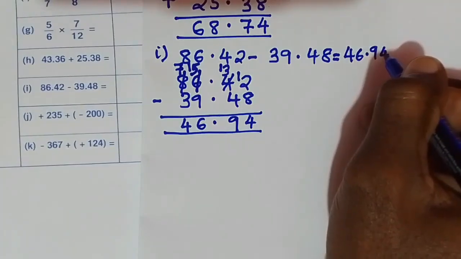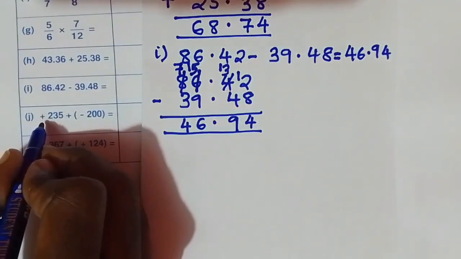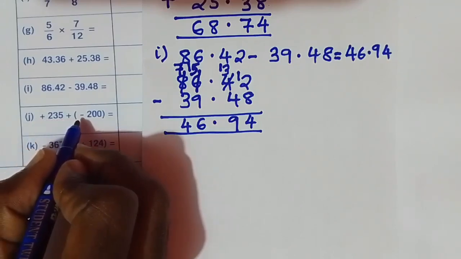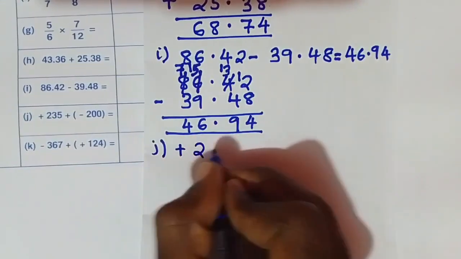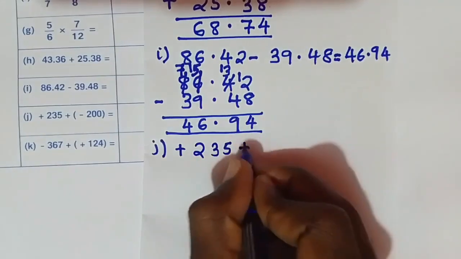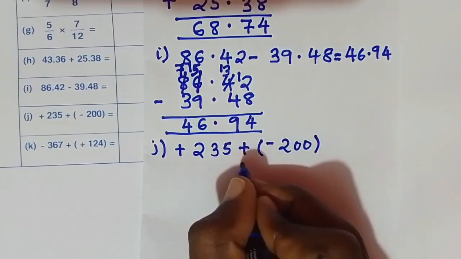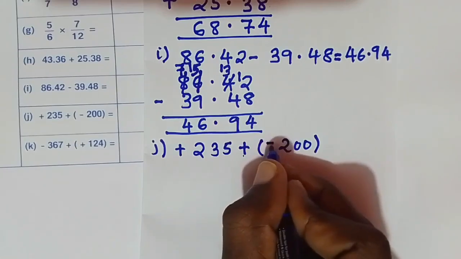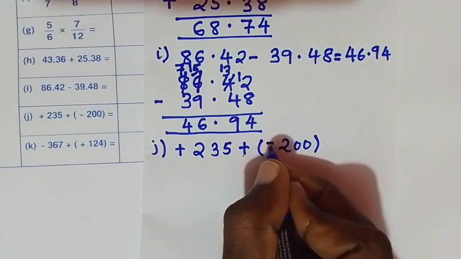Let us now do J. J, we have an integer question. They gave us positive 235 plus negative 200. So what we're going to do first here, we are going to combine these two signs to have a single sign, and we are going to do that by multiplying these signs.